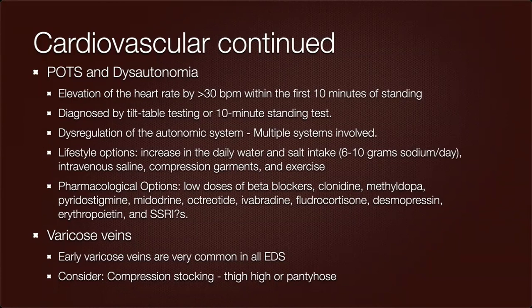Again, multiple systems would be involved because multiple systems are involved in your fight and flight. A lot of lifestyle options can significantly improve symptoms, increasing daily water to at least 2 to 3 liters per day, increasing salt 6 to 10, and I've seen ranges of 4 to 12 grams per day. It's quite a lot of salt.